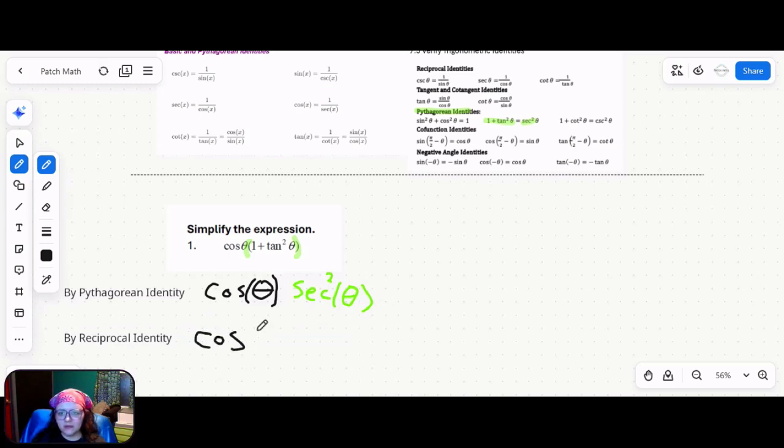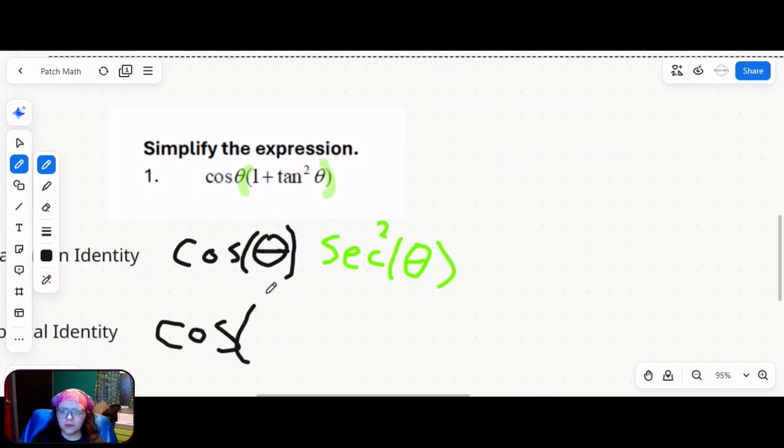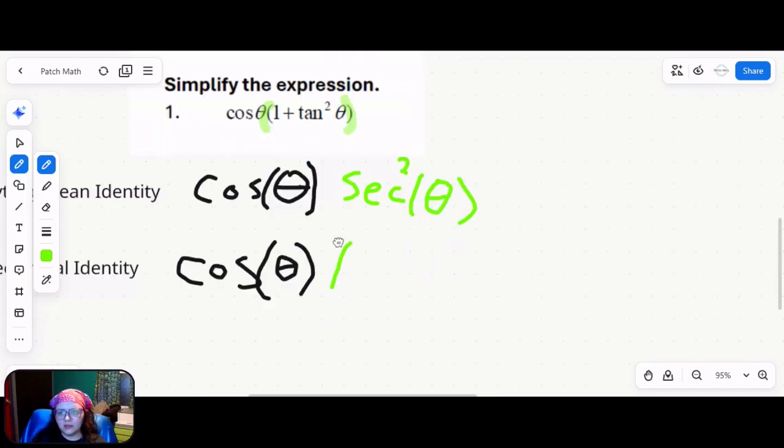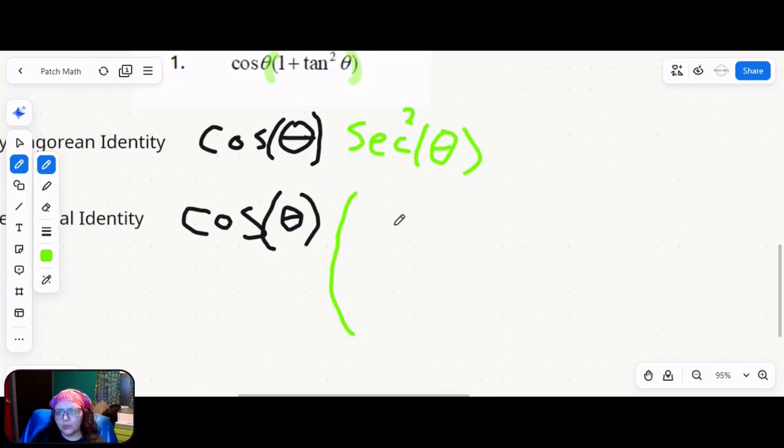So it's cosine of theta. But we are going to substitute for secant squared, that is equal to 1 over cosine squared of theta.